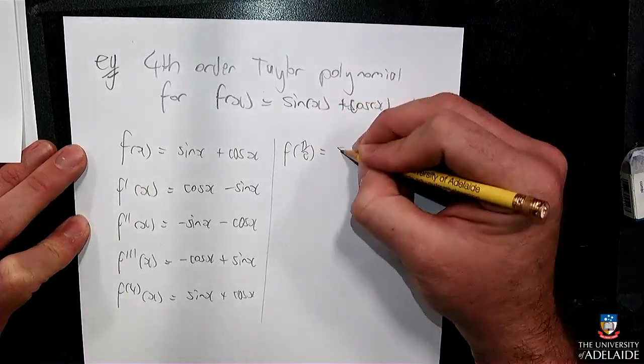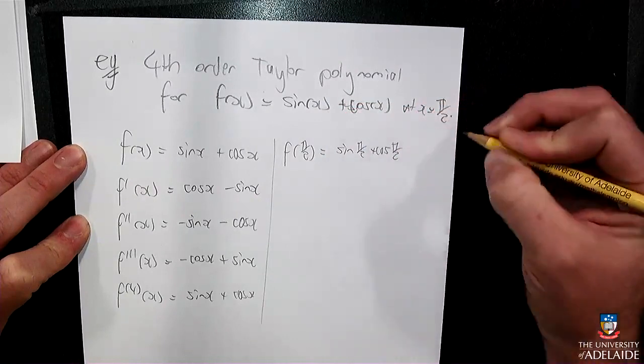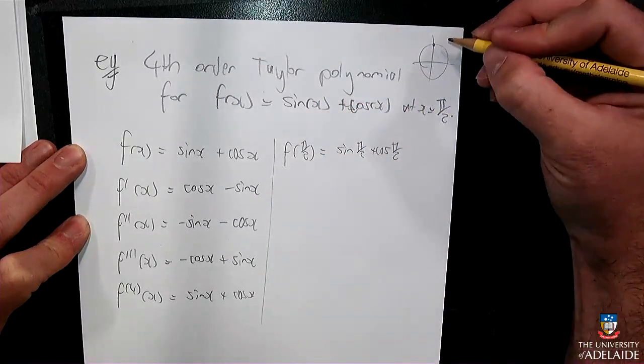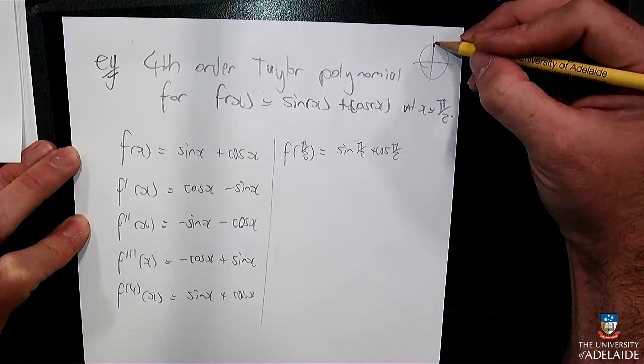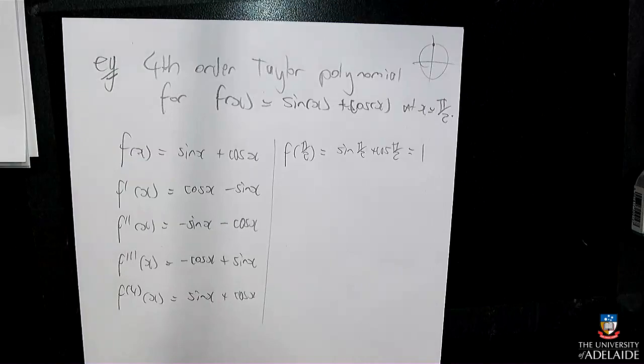So f of pi on 2 will be sine of pi on 2 plus cos of pi on 2. Well, I might just draw a unit circle up here. Sine of pi on 2 is 1, cos of pi on 2 is 0, that's 1.